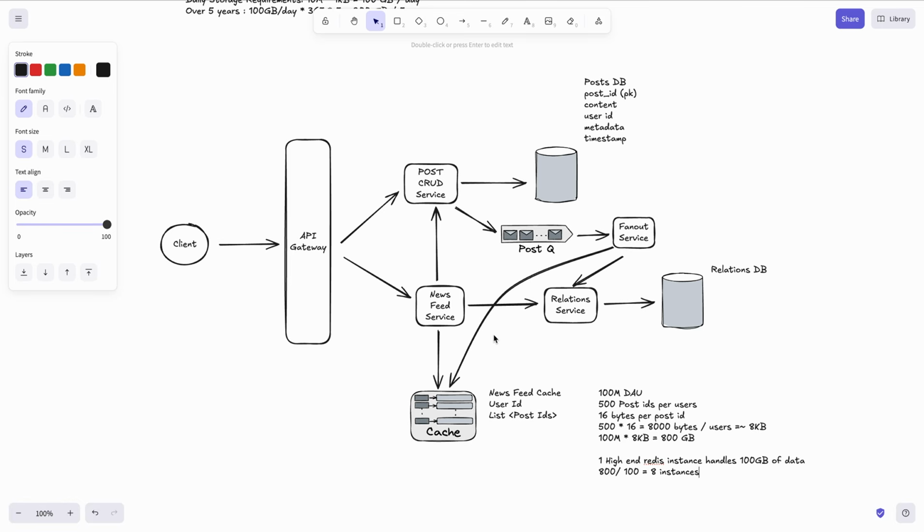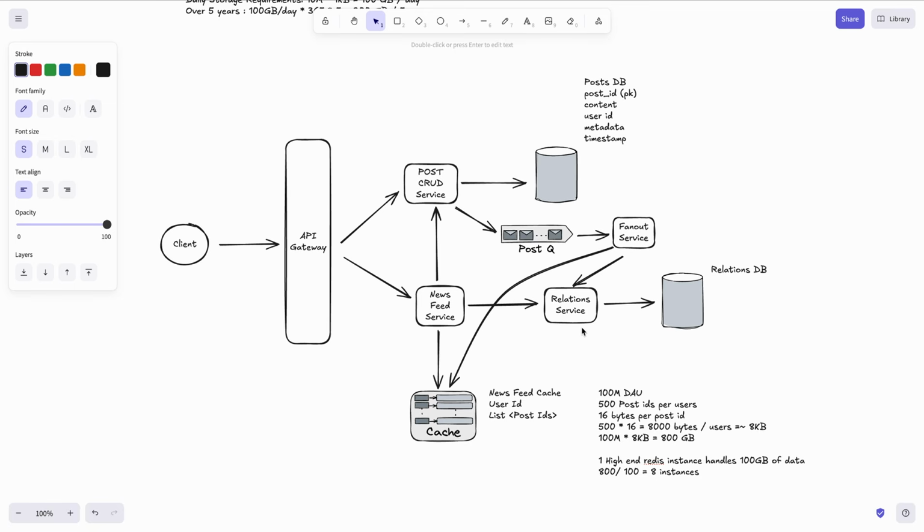So when one of these followers requests their newsfeed, the newsfeed service does two things. It checks the newsfeed cache to get the pre-computed posts from the users they follow. It also checks with the relation service to see if the user follows any high fan out accounts.